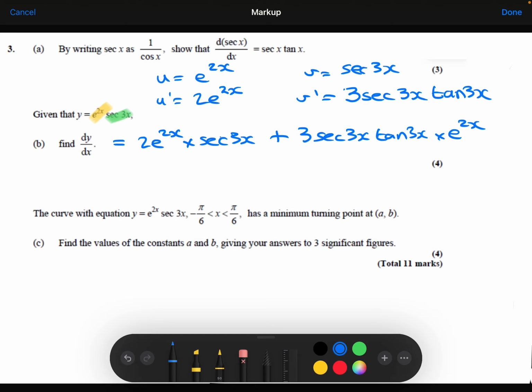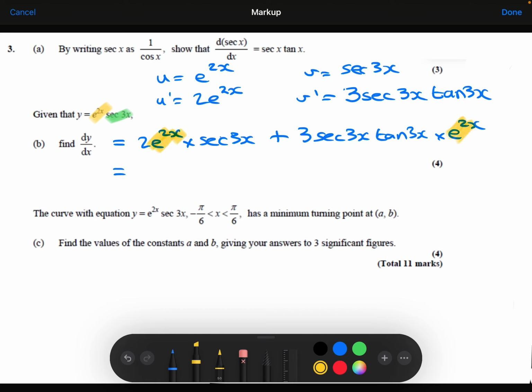I don't actually have to with this question. This question just says find dy by dx, so I could just leave my answer like that. But that is a little bit messy here. I don't like the way that's written. So I am going to factorise this a little bit, because I'm probably going to need to for part C anyway. And it's always just good practice to factorise these things.